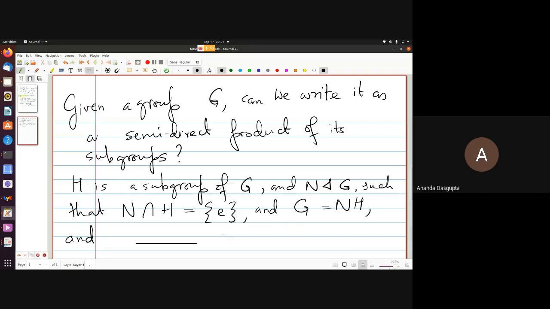I'm going to specify what that condition is soon. Then G is isomorphic to N semi-direct product H.